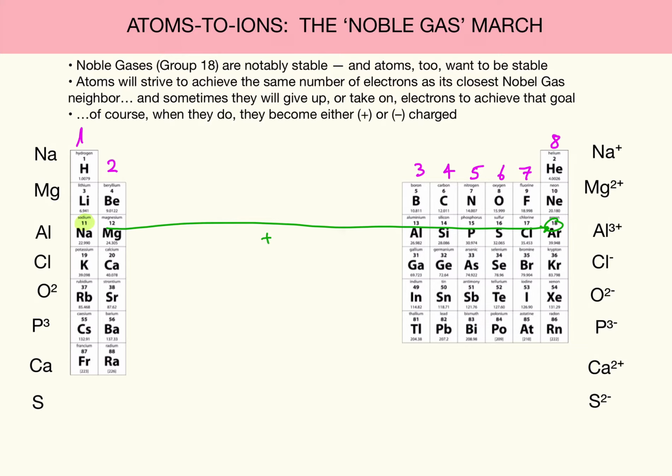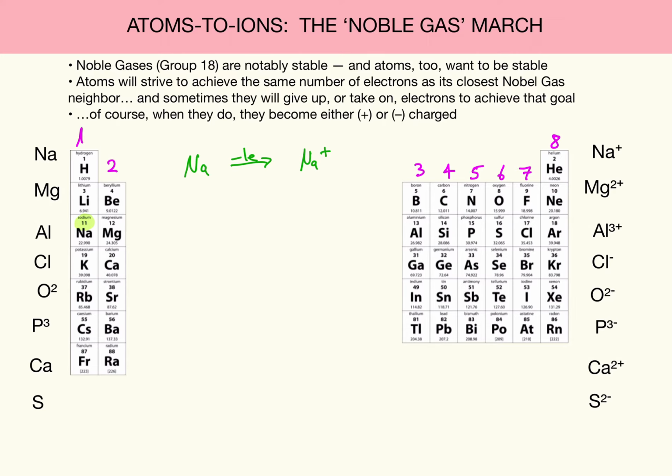That is to say, it can gain 7 electrons, or its nearest neighbor is also neon, or it could lose 1 electron. And as we said, it wants to get near its nearest neighbor. So what sodium chooses to do is lose 1 electron. But you already knew that. Sodium will lose 1 electron, and so its charge becomes +1.